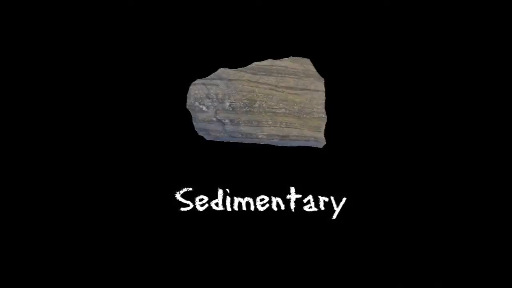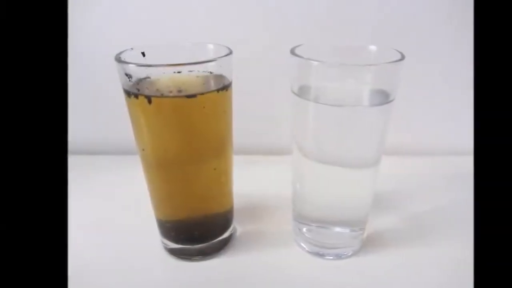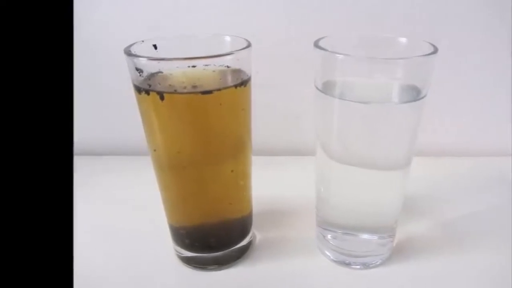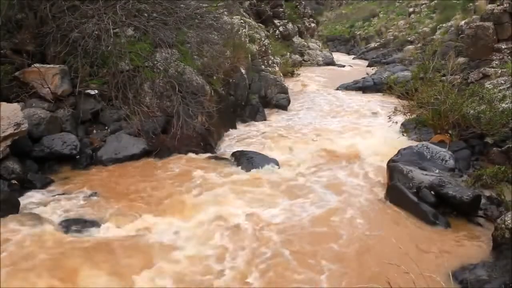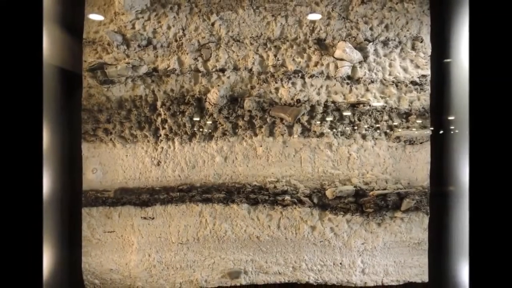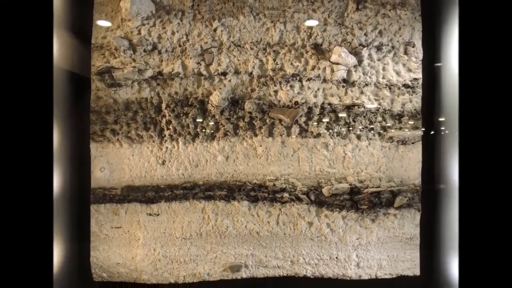The next type of rock is sedimentary rock. Sediment is small particles of sand, mud, and organic material that settle to the bottom of water or land areas, often lakes or oceans. Sedimentary rocks are formed when sediment accumulates over time in deposits that form layers.